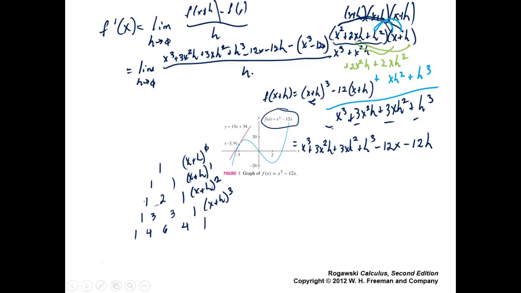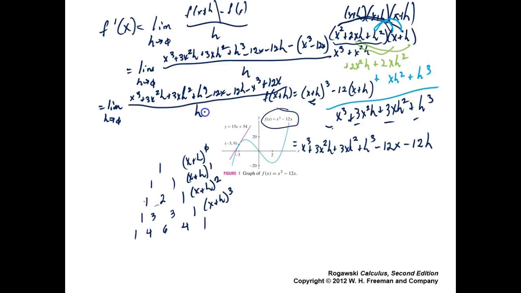You just plug in what alpha of x is. This is alpha of x plus h, that thing, minus this thing. And now you see, this is a lot of writing, but it's the limit as h approaches 0 of x cubed plus 3x squared h plus 3xh squared plus h cubed minus 12x minus 12h minus x cubed plus 12x, all divided by h.